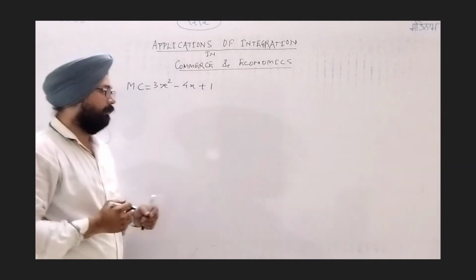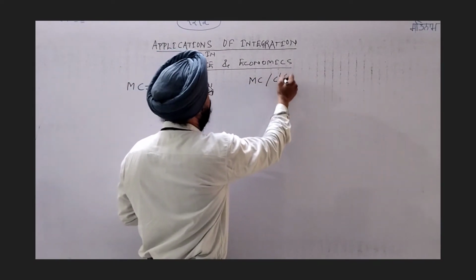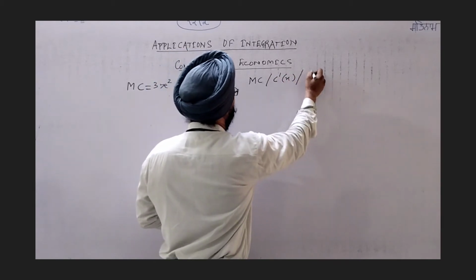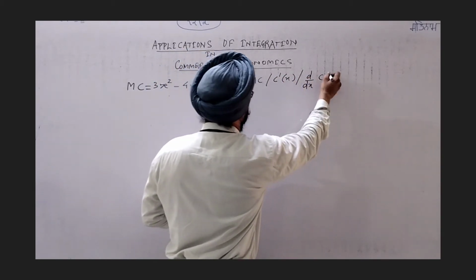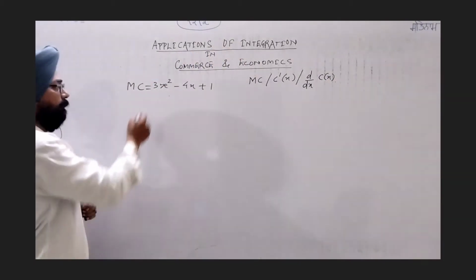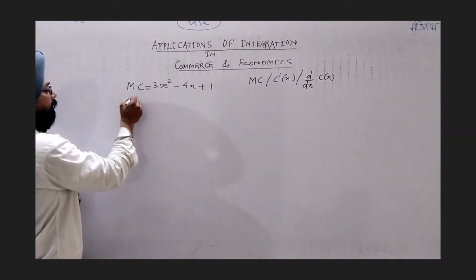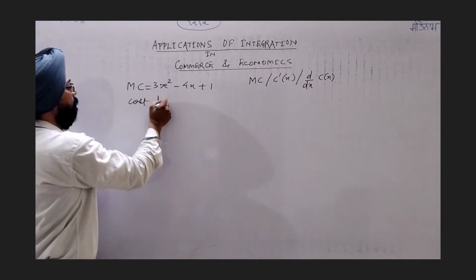Marginal cost, do not forget, is equivalent to C dash x or equivalent to the differentiated cost function. And the question is asking to find the cost function now. From this, make the cost function. Our requirement is the cost function.